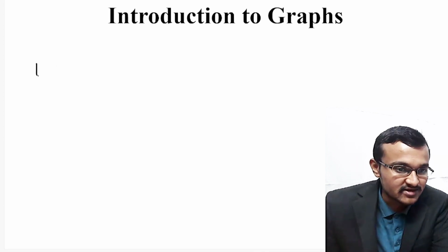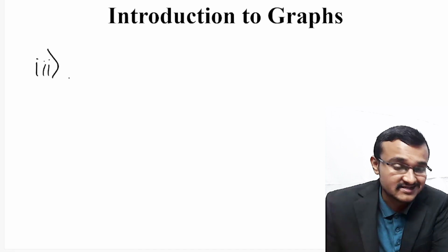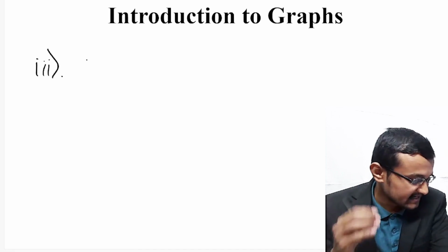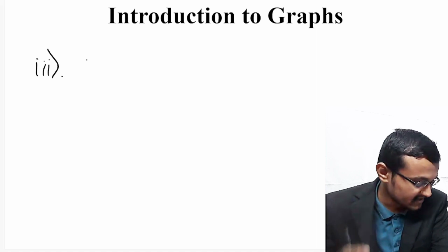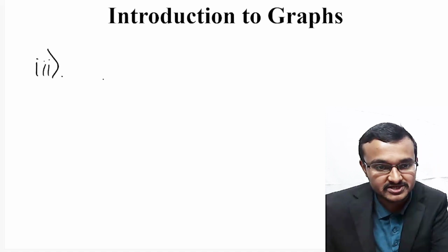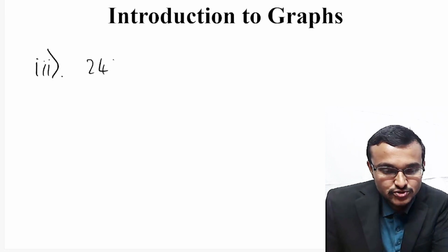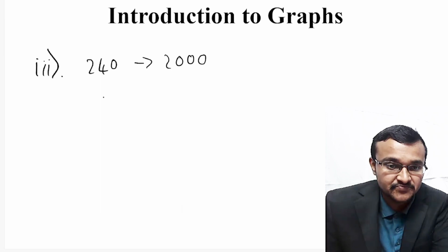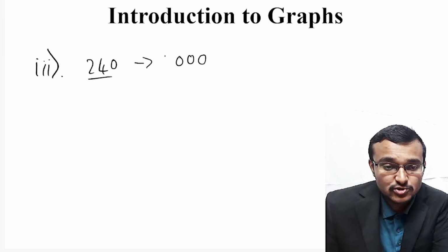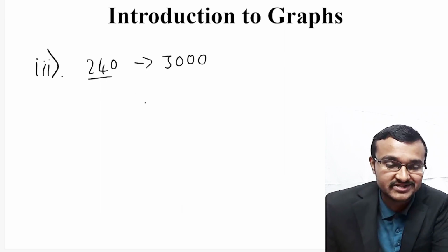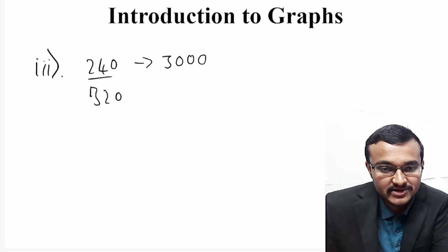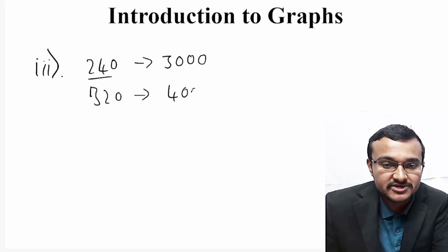Now coming to the third question, part C, they have asked: to get an interest of 280 rupees per year, how much money should be deposited? Here you can clearly see, to get 240 rupees interest, you should deposit 3000 rupees, and to get 320 rupees of interest, you deposit 4000 rupees.